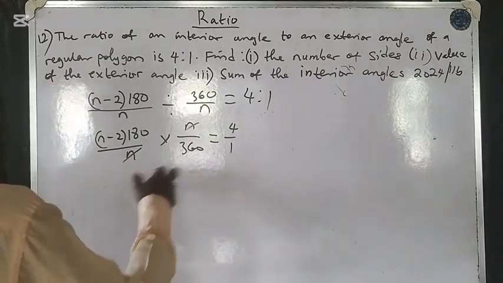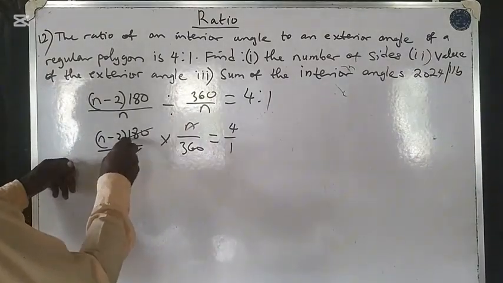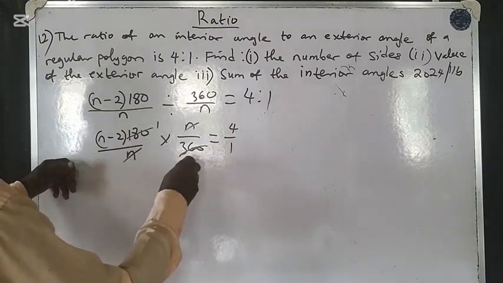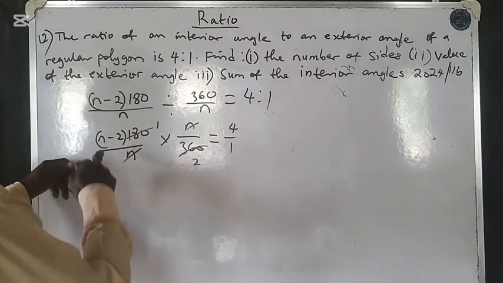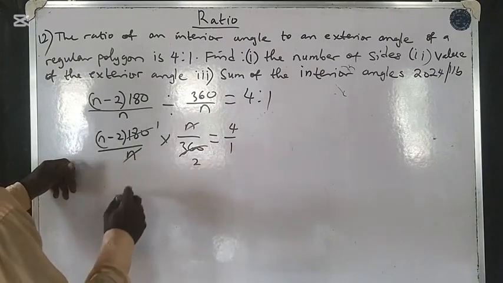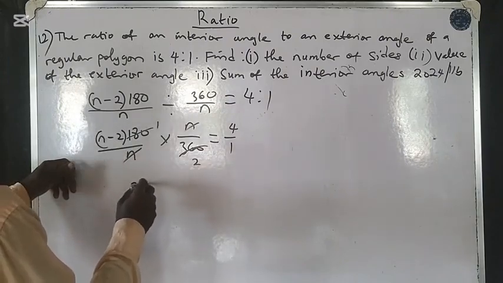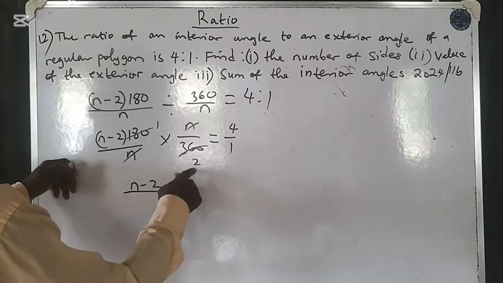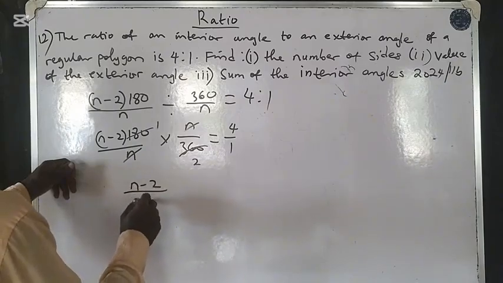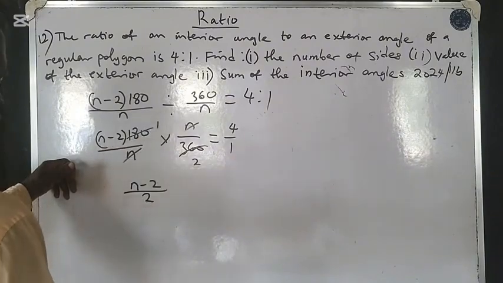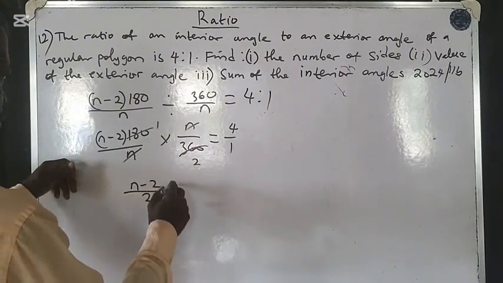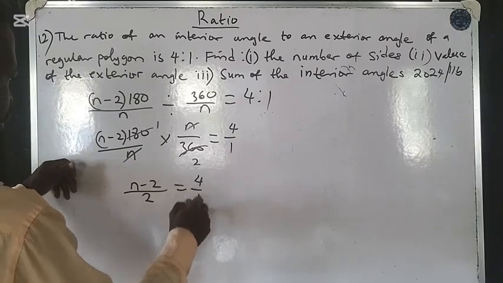So we have 360 under. 180 will go once, 180 will go twice. So we are left with n-2 as the numerator, then 2 as the denominator. Then we now have 4 over 1.